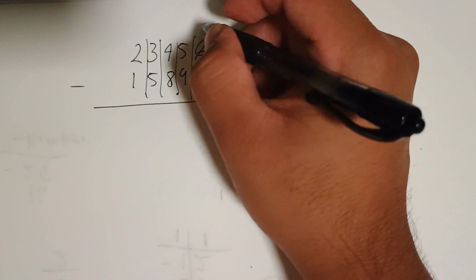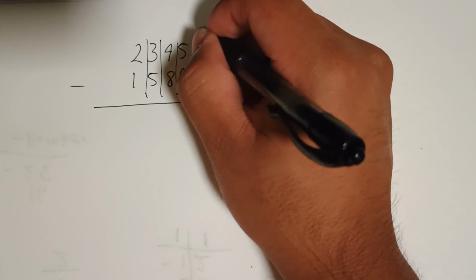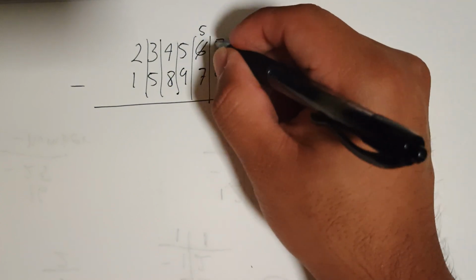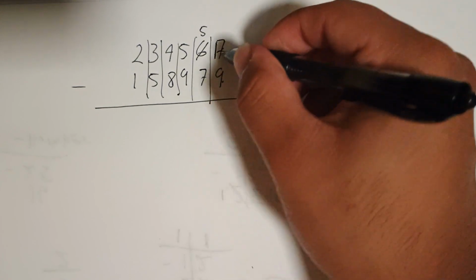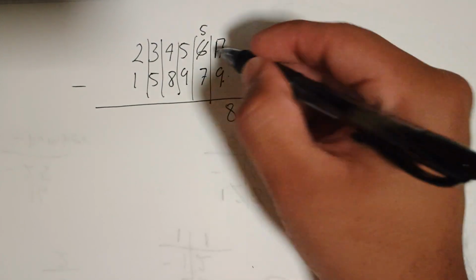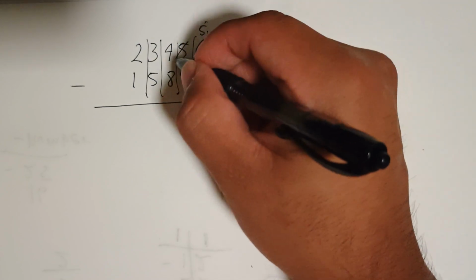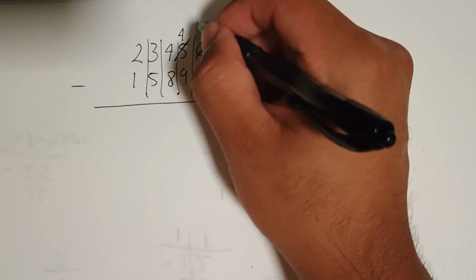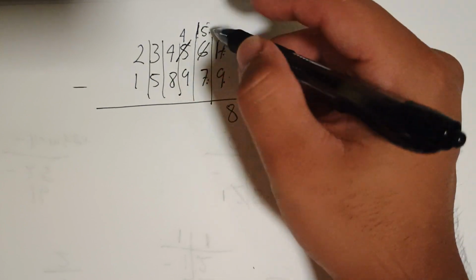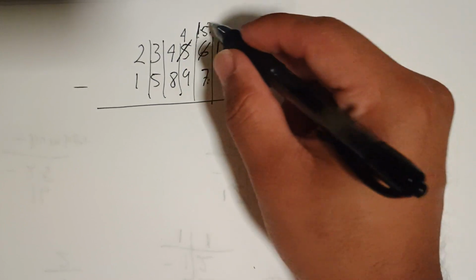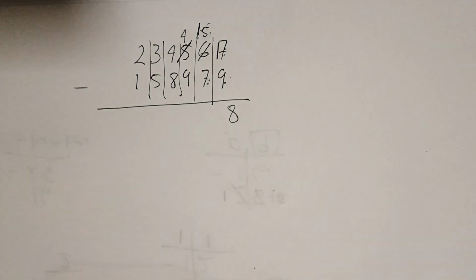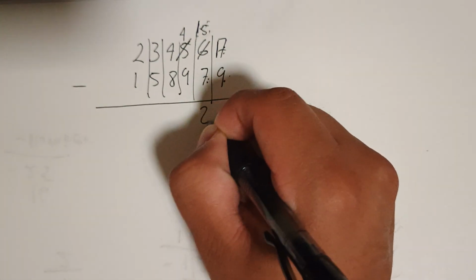Take one from this, this will become a 5. This becomes a 17. 17 minus 9 is, of course, 8. 5 minus 7, we can't do that because 5 is smaller than 7. So we'll make this a 4 and make it a 15 up here, because our new number is 5. So 15 minus 7 would be 8.